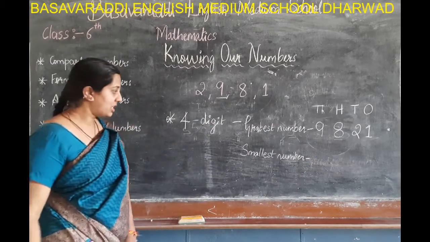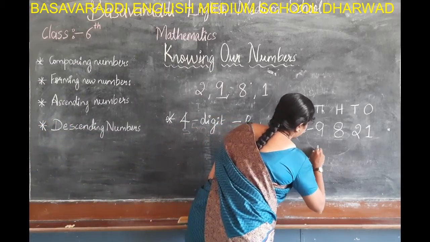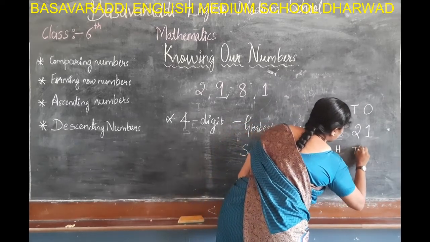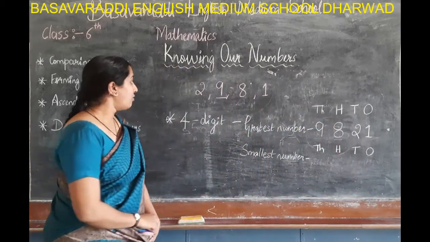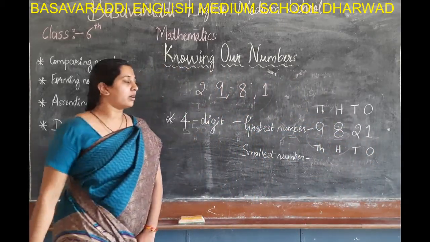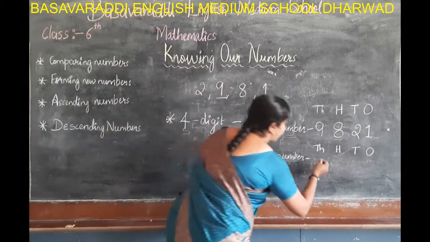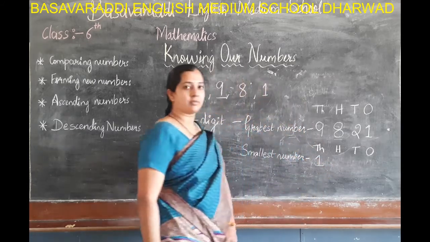The smallest 4-digit number. So let me write down again. We have thousands place, hundreds place, tens place and ones place. Now which is the smallest digit in the given set? 1. So I will write here thousands place as 1.